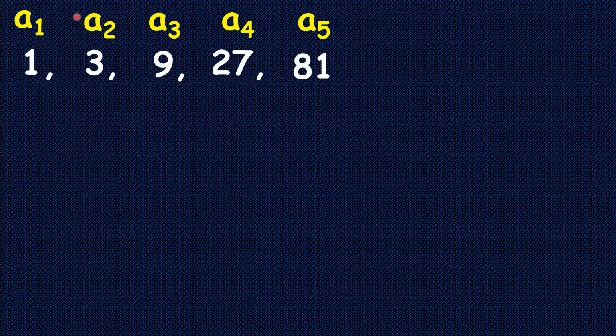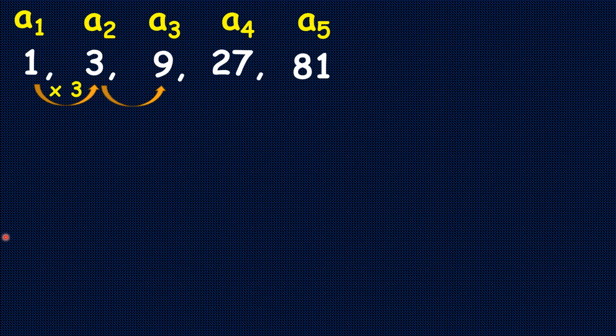A2 represents the second term. The third term is 9, represented by A3. The fourth term is 27, denoted as A4. And we have a fifth term, 81, which is denoted as A5.